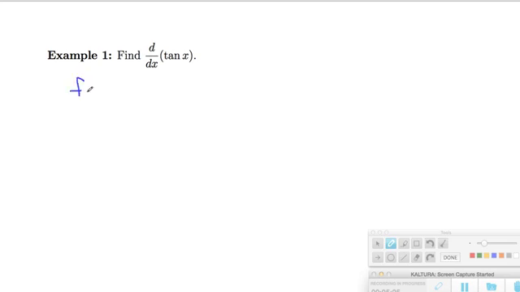So if your original function is a quotient, then we'll need the quotient rule to find its derivative.